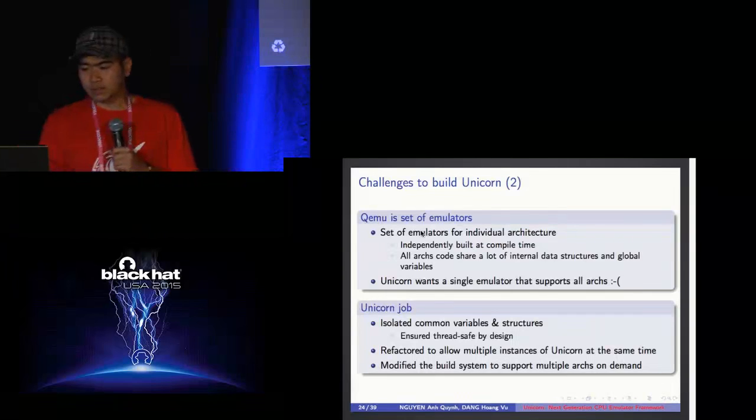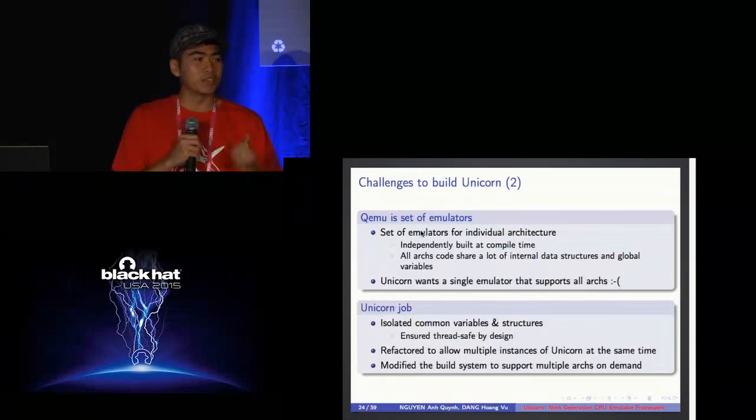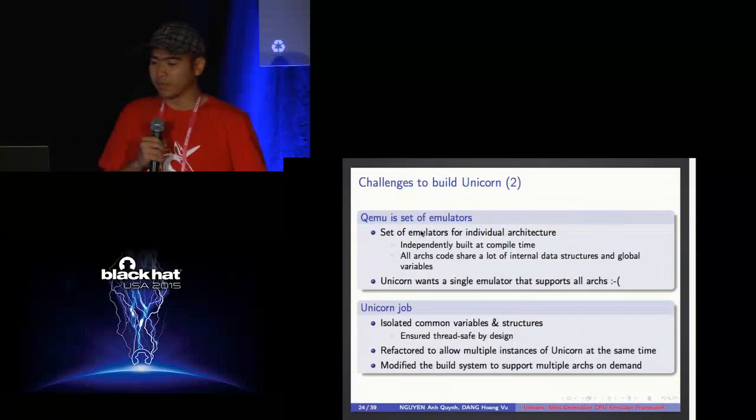We also isolated things because QEMU has only individual binaries, so they reuse variables and data structures everywhere. This is not good because it's not thread safe. If you just run multiple instances, they reuse the global state, and therefore you get conflicts and so on.